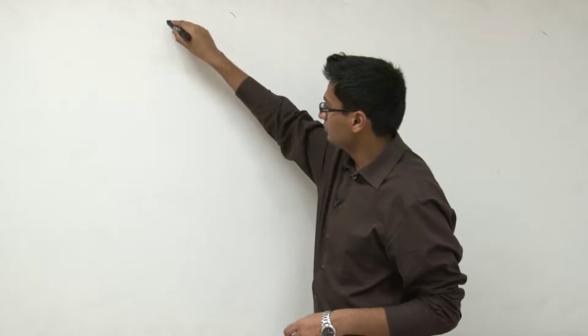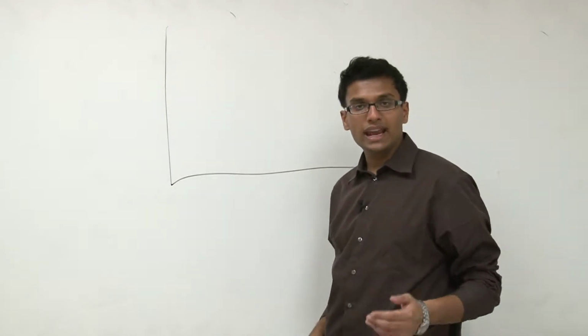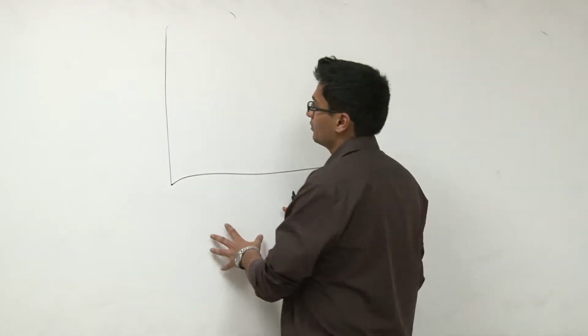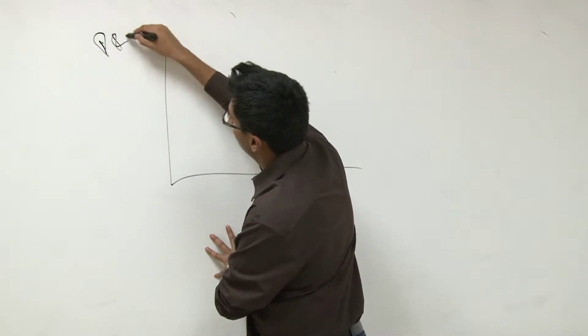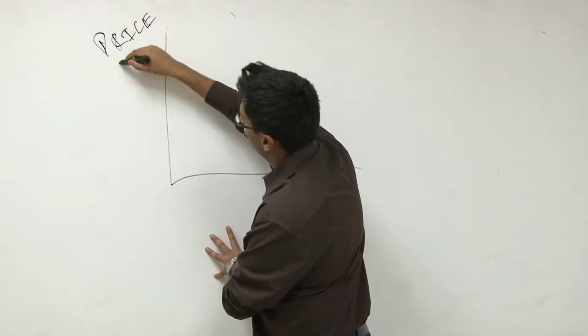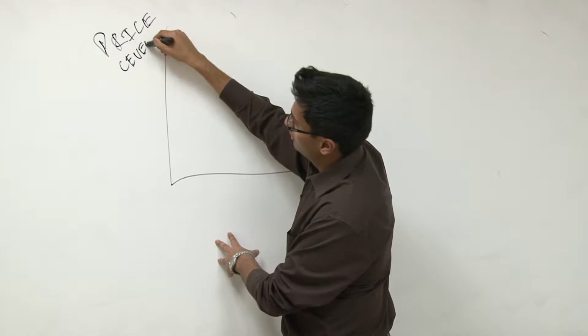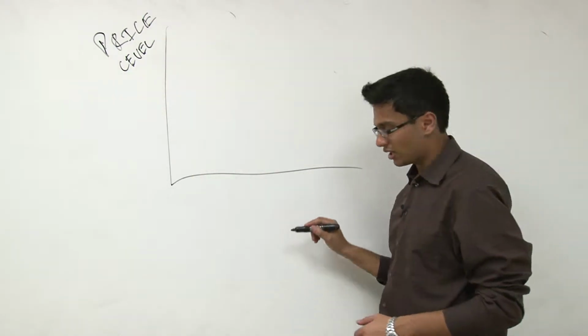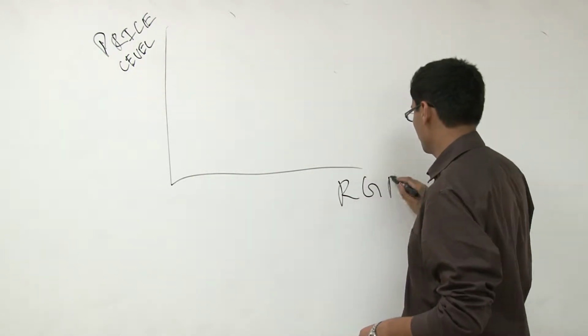So when we actually graph AD, the AD, or aggregate demand, talks about two things. It talks about price level, and on the other side, it talks about real GDP, or RGDP.